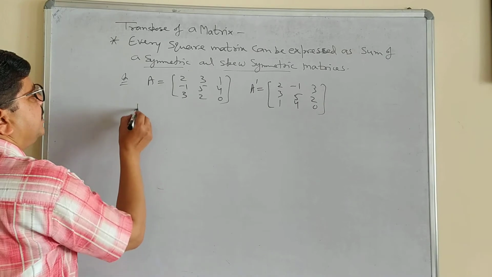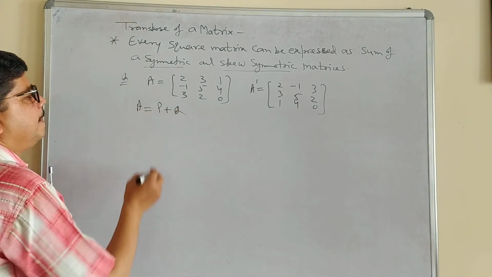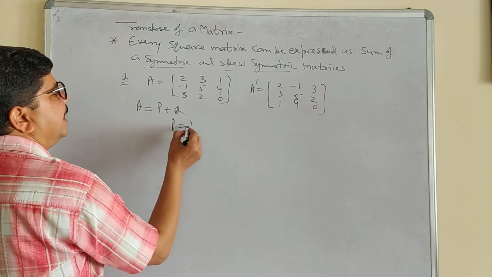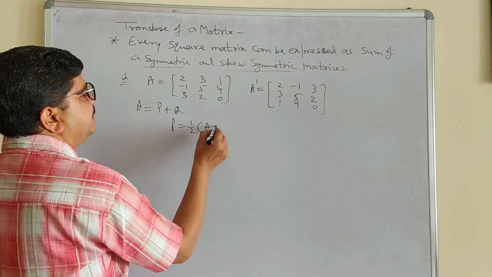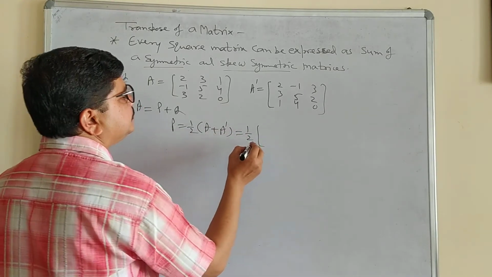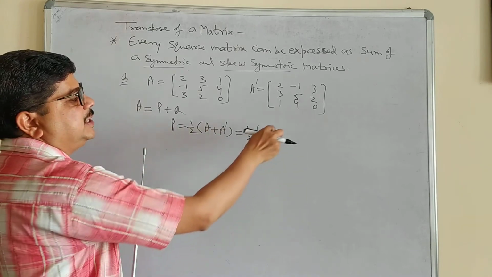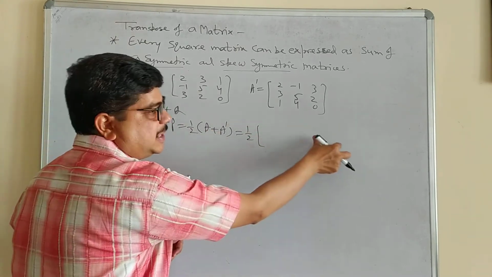We will write A equals P plus Q, sum of two matrices, where P will be half of A plus A transpose. In the examination, when the question is given to you, you will write separately this plus this.